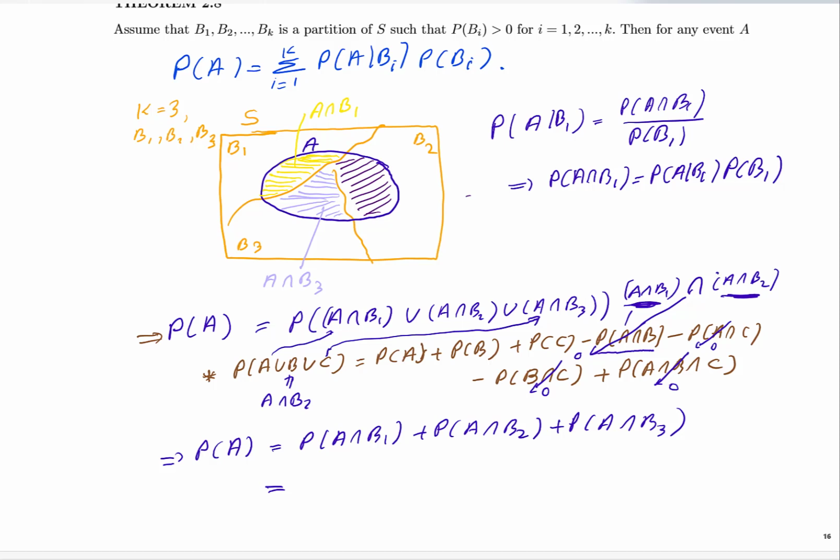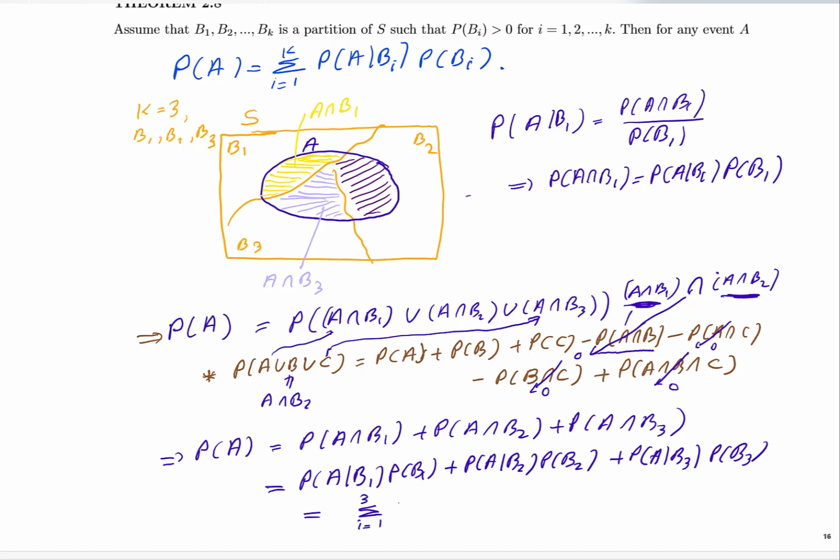We can write P(A and B1) as P(A given B1) times P(B1). Similarly, we can write A given B2 times P(B2). The last one, P(A given B3) times P(B3). So this can be written for our case as the sum for i equal 1 to 3 of P(A given Bi) times P(Bi). So this is the probability of A.